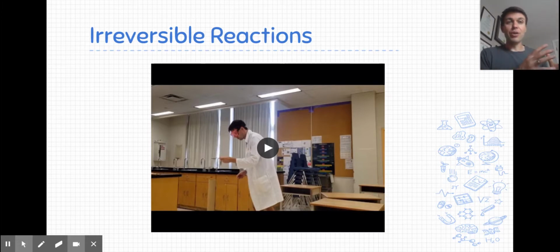Even if you mix the products together, they just don't recombine, right? Combustion reactions, I think, are the best analogy to think of because we've got the products of combustion reactions, carbon dioxide and water vapor, present all around us all the time, but they're not spontaneously recombining to form hydrocarbons and oxygen. So these reactions only happen in one direction.